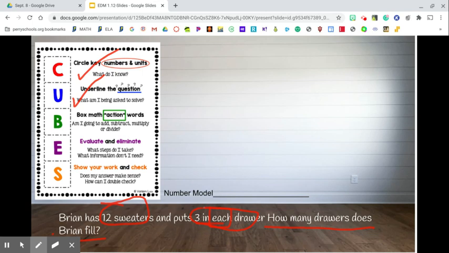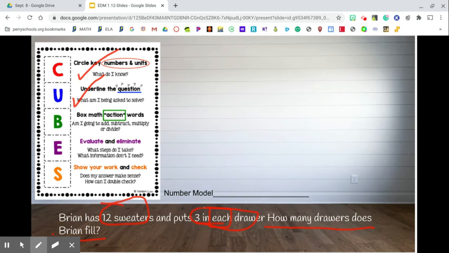So I'm picturing in my head my 12 sweaters, and I'm thinking about my dresser and how I would want to go down in my drawers. So I would start at the top one, and I would put 3 in there, and then I would go to the next one and put 3.